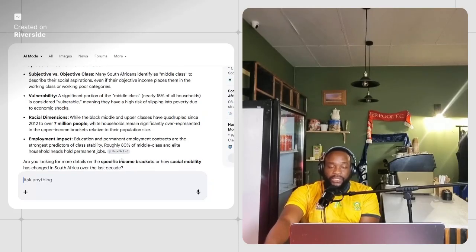So if you wonder what's happening in South Africa, the minority of white South Africans own a lot. But black people, since 2012, have quadrupled, increasing to over 7 million people.